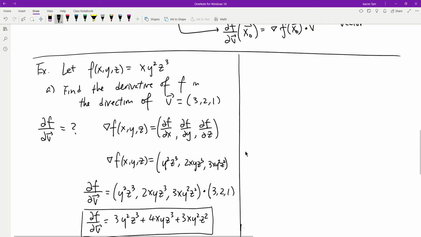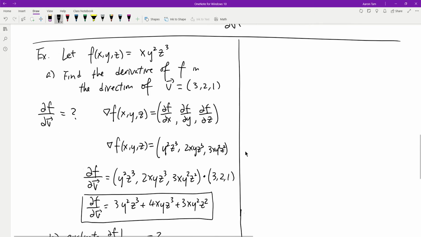Now, what's interesting is the following. Notice this. What if I now ask you for this? Same exact function.